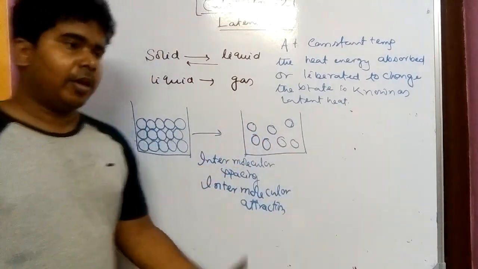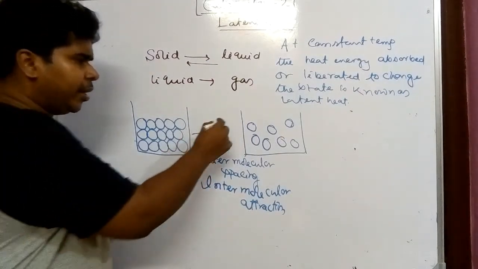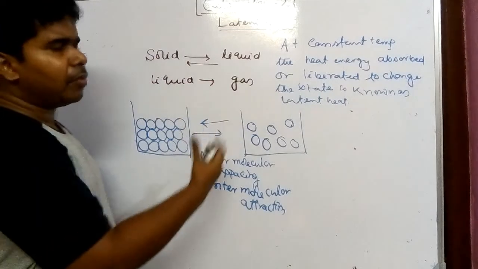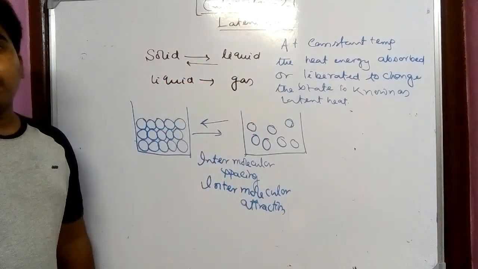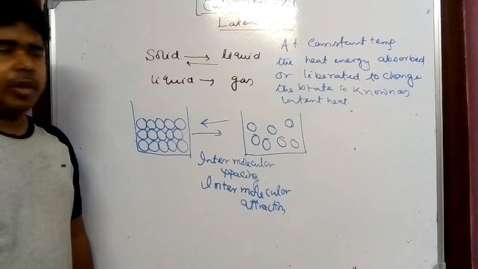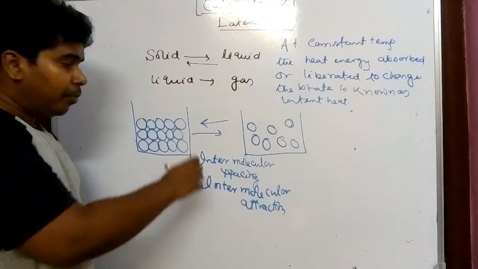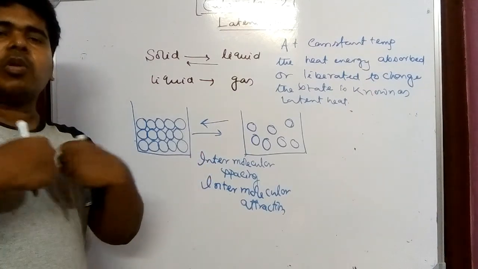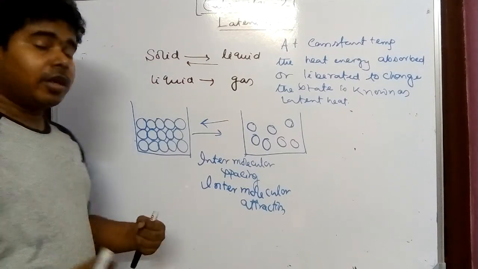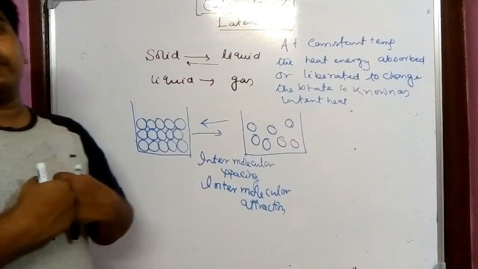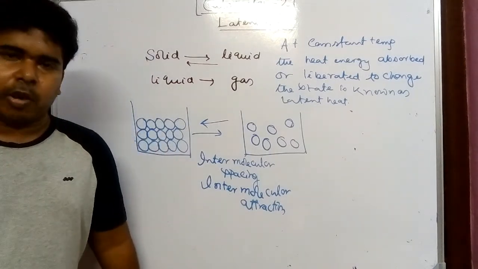The same thing happens when you take heat energy from the molecules; then the temperature goes down. But at a certain time, when you take more heat energy, that will make the molecules come closer. The intermolecular space will be less and the intermolecular attraction will be more, and that will never change the temperature of the body.